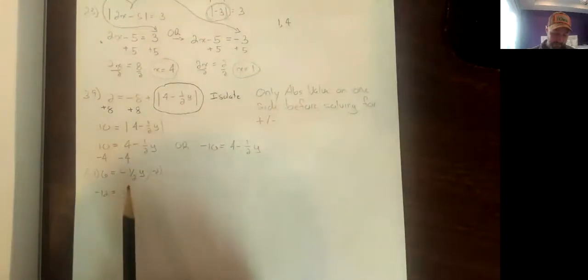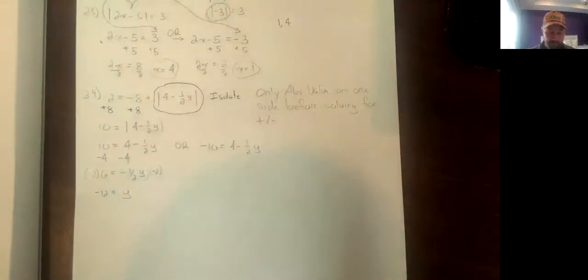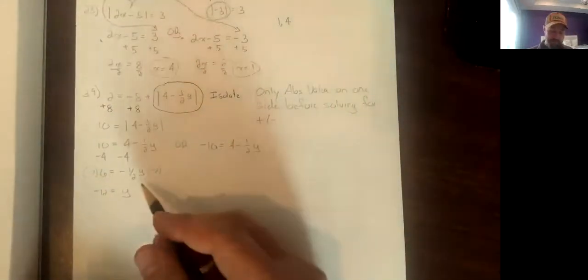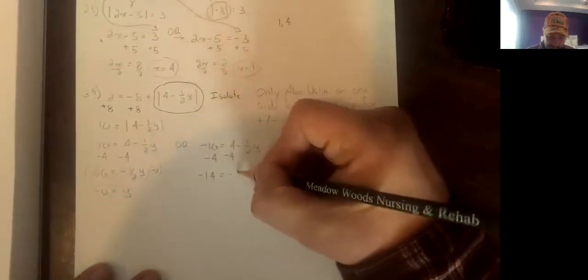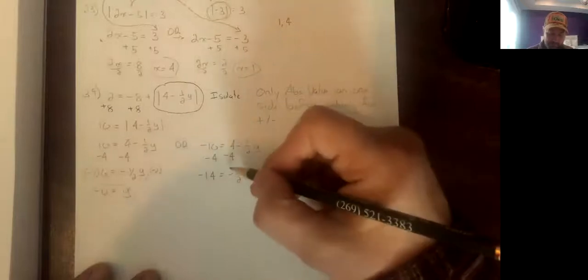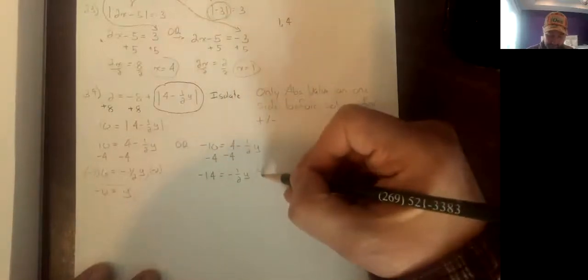Should make sense. Half of y equals 6. I have to multiply by a 2 to get that 2 out of there. I'm multiplying by a negative 2 to make a positive y. So y can be negative 12, or over here, we're going to move our 4 over the same as we did before, but we had a negative 10, so now we have a negative 14 equals a negative 1/2 y, and we do the same thing.